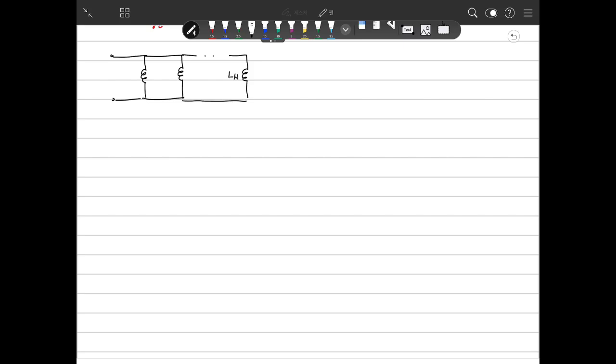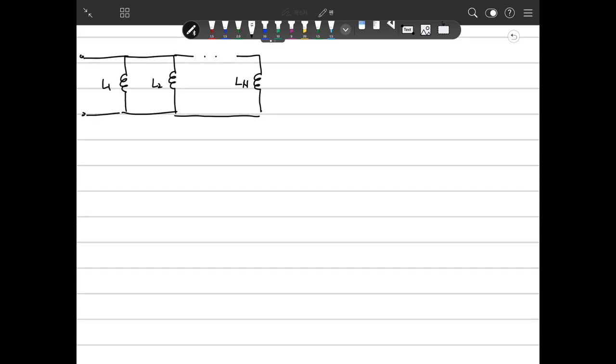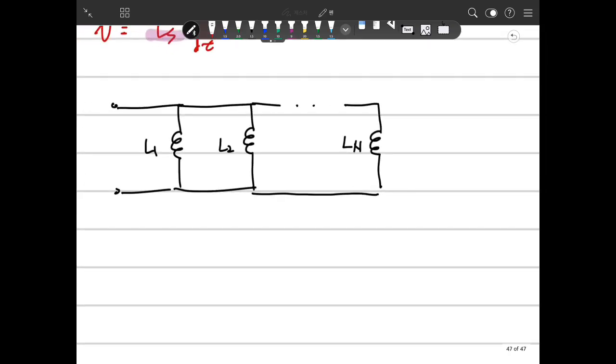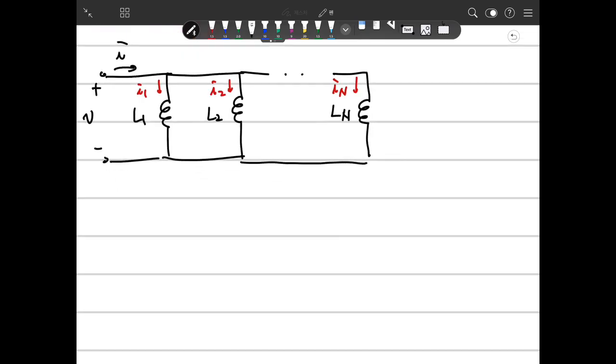This is Ln, this is L1, this is L2. In this case, the current is different. This is I1, I2, In. That will be the voltage V, and that will be the current I.